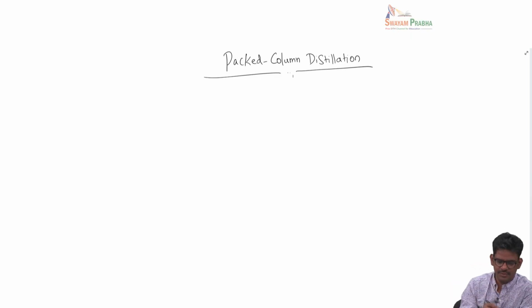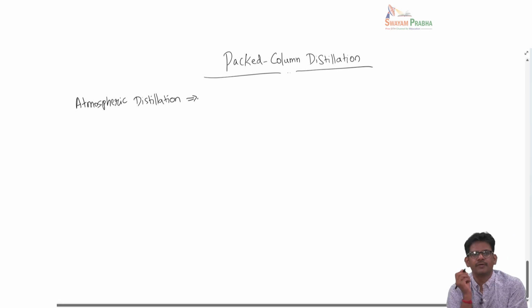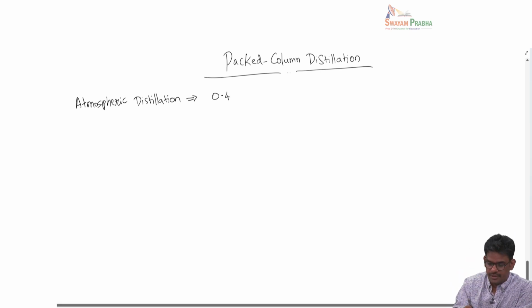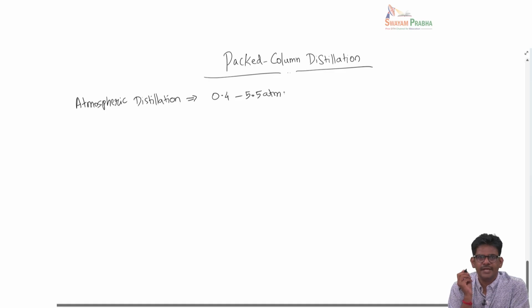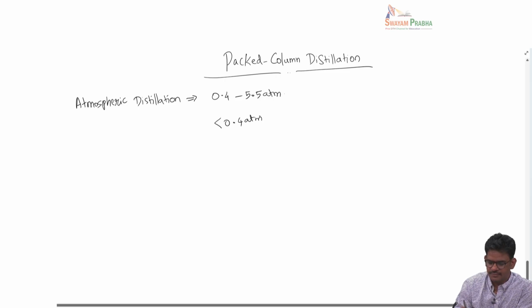Distillation can be broadly classified into three types based on the operating pressure. We call the operation atmospheric distillation whenever the operating pressure is between 0.4 to 5.5 atmosphere. When the pressure is less than 0.4 atmosphere, we call it vacuum distillation.